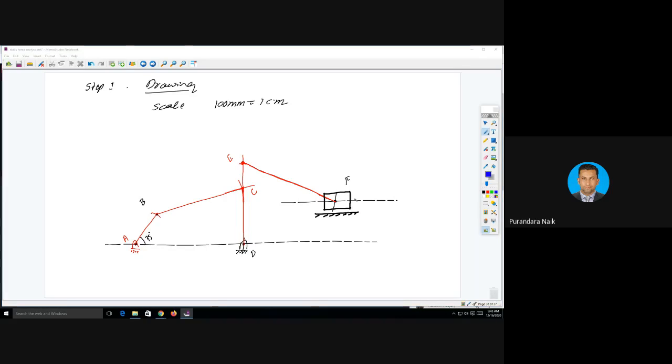Right. The next is the force acting at point F. F is equal to 250. So the distance is 200.